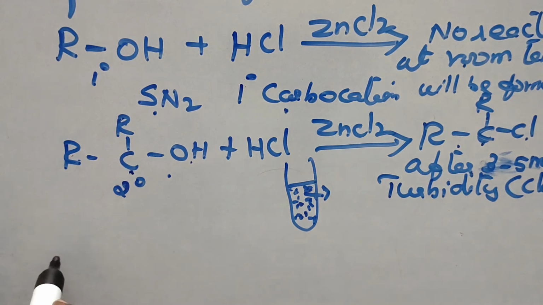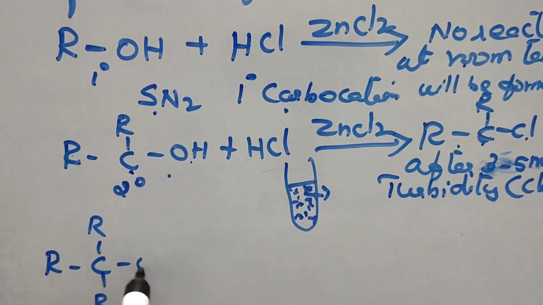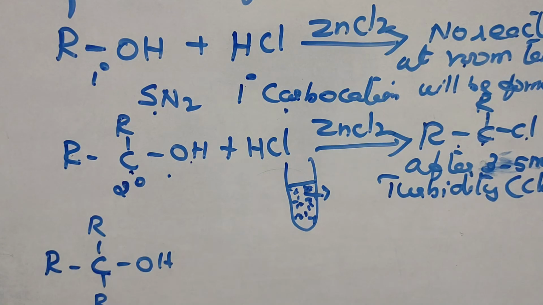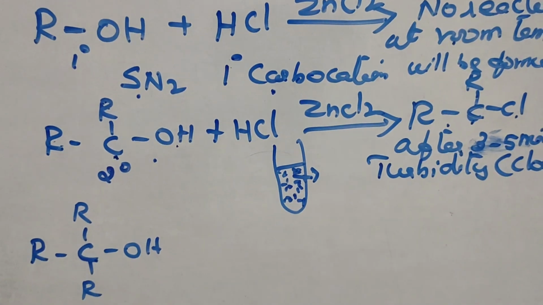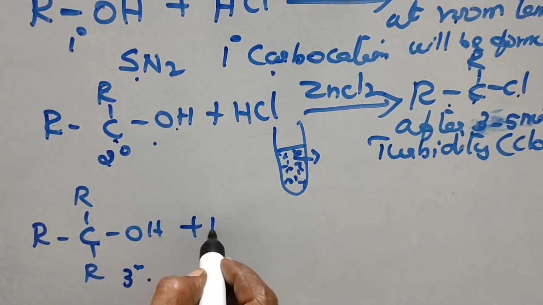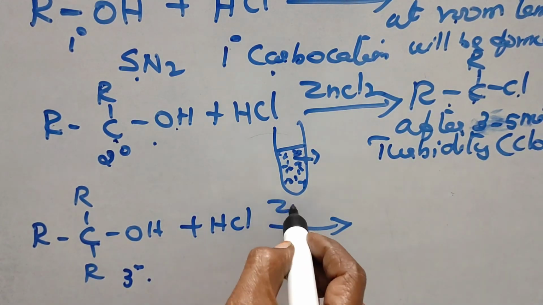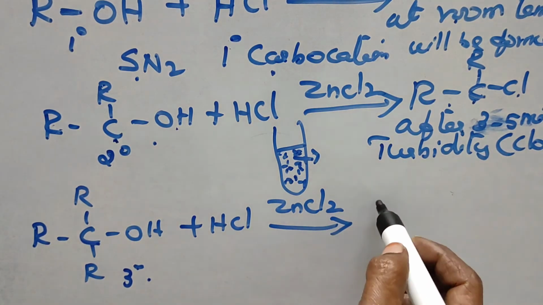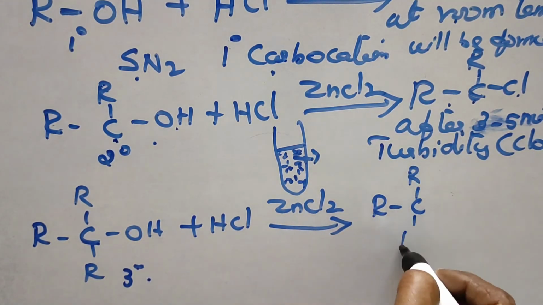Next let us take 3 degree alcohol, R3C OH. OH is attached to a carbon, and that carbon in turn is attached to 3 other alkyl groups. That is 3 degree alcohol. When 3 degree alcohol combines with HCl and ZnCl2, nothing but Lucas reagent, turbidity will be formed immediately.